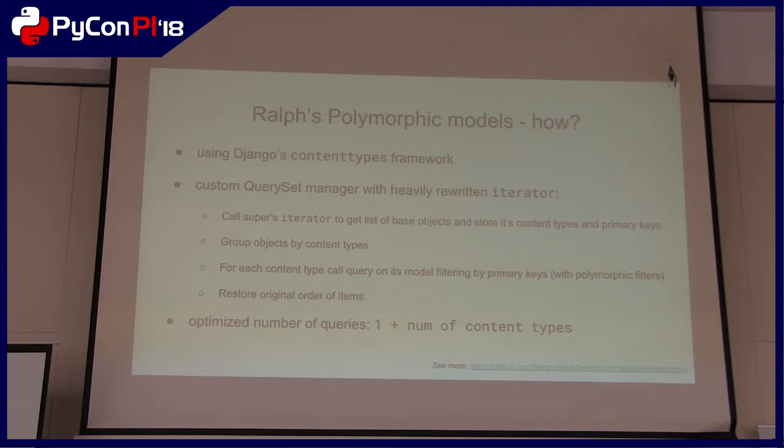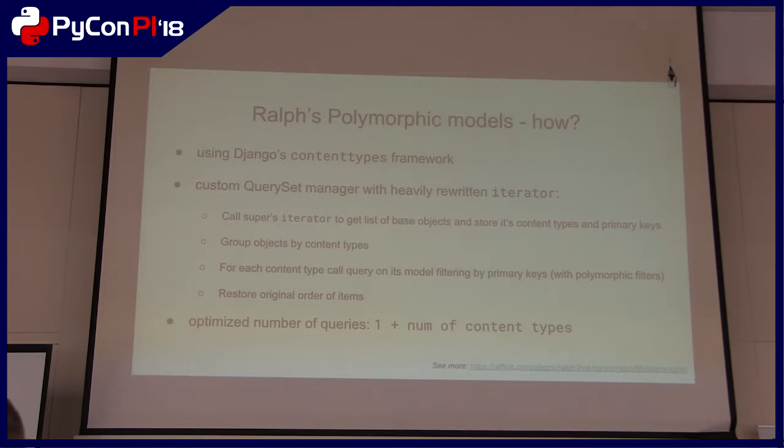And how have we done it here? First of all, we call super iterator to get the list of the base objects. This is our parent class. And we extract from here all the content types and primary keys that occur in this query set. We group these objects by content types, and for each content type, we make a separate query fetching only the primary keys we are interested in.